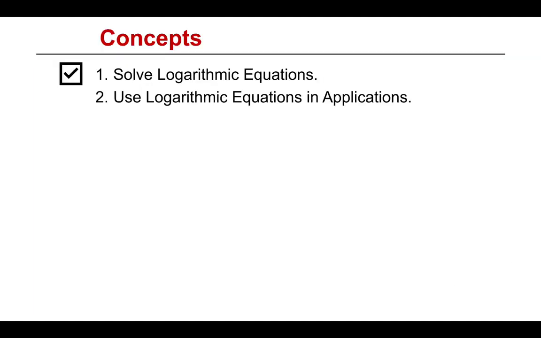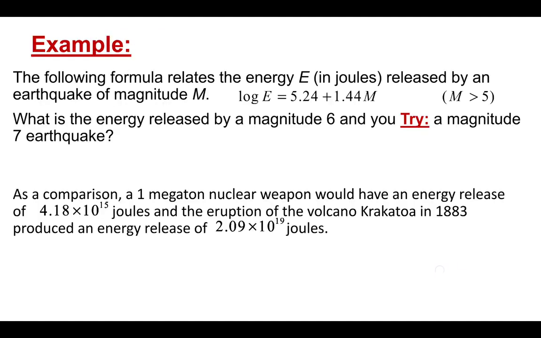Let's move on. Great. Let's use logarithmic equations in applications. So this has a try embedded. I'm going to go ahead and do this one. The following formula relates the energy, capital E, in joules released by an earthquake of magnitude capital M. And this is actually the accurate expression for magnitudes greater than 5.